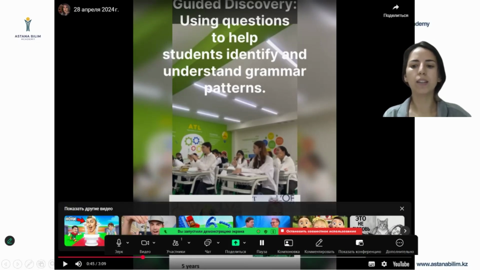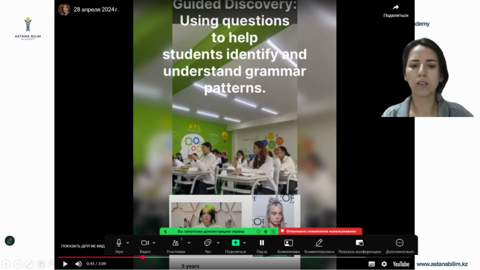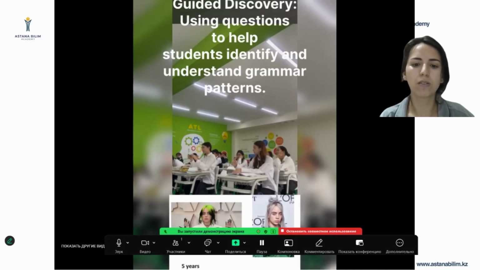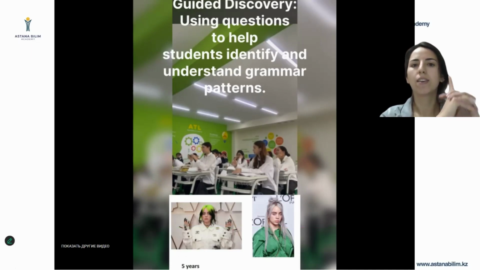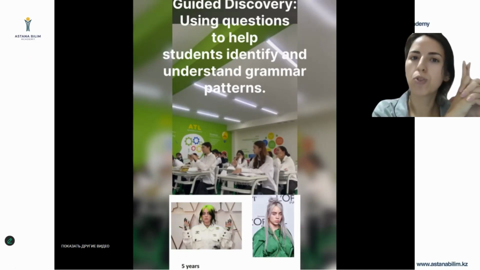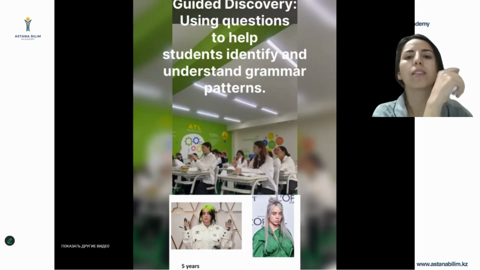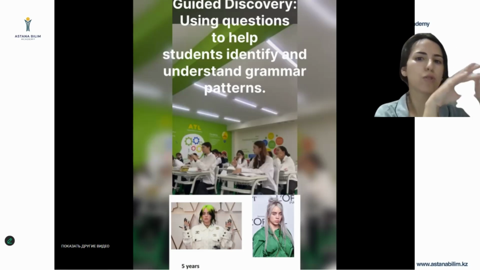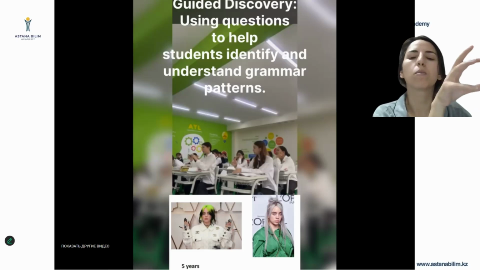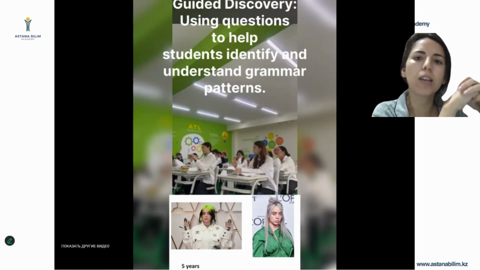Again, two pictures of the same person, and here guided discovery. Yes, you remember this is the approach where students are supported to find out the answers. So you don't give them rules or vocabulary immediately.